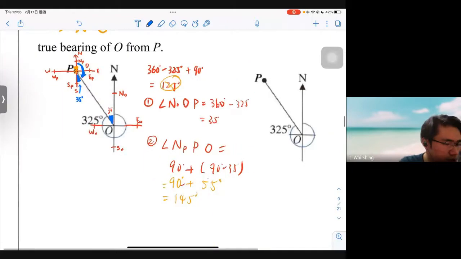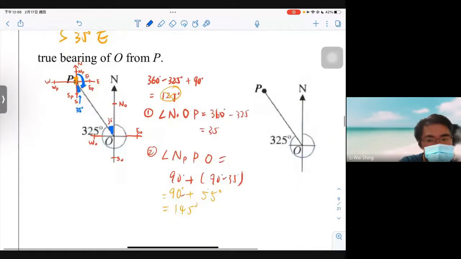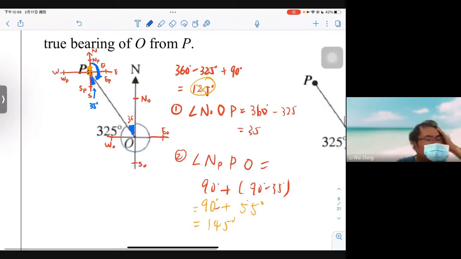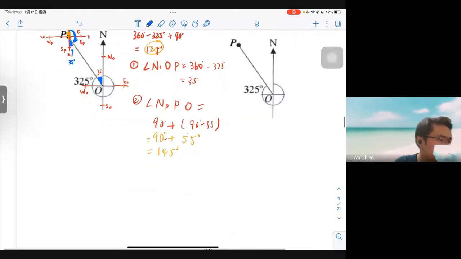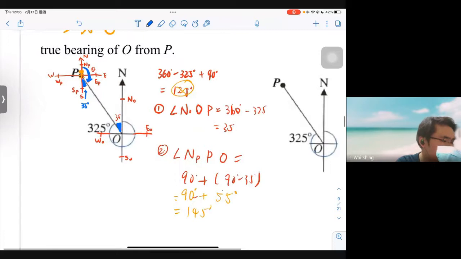So you'd better write the steps. Should we write all the steps as much as possible? I would accept skipping them, because we are doing this kind of simple question, so steps are not that required. However, when you are doing wording questions, you need to identify which angle you're finding.